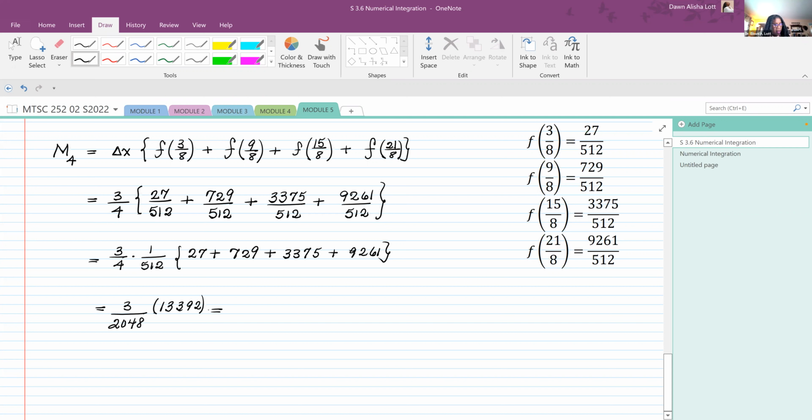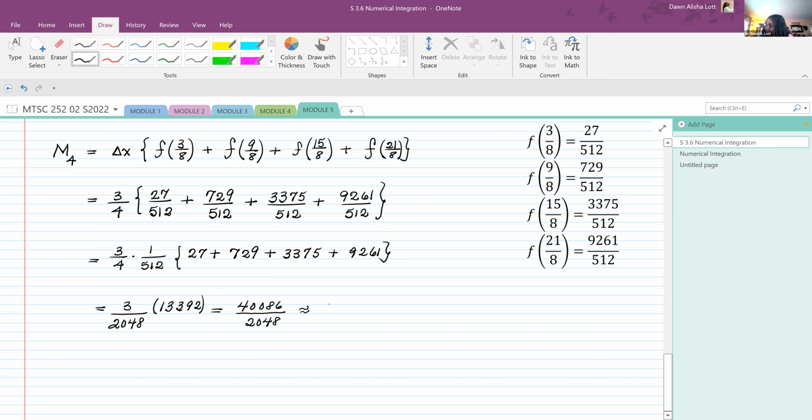If I am doing this on a test, then I would go to the side and multiply 3 times 13,392, and I would get 40,086 divided by 2,048.